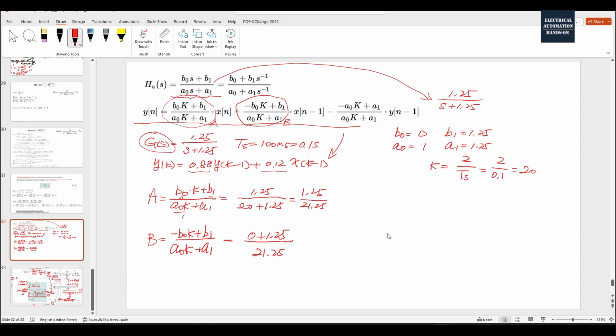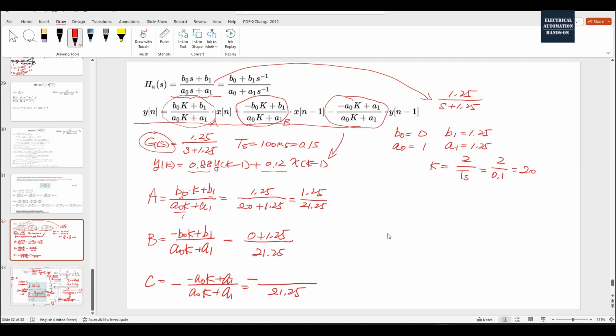Okay? Then C is equal to this. This is the minus A0 K plus A1, over the denominator A0 K plus A1. Again, the denominator is the same, 21.25. So the numerator, let's see, this is the minus, okay?